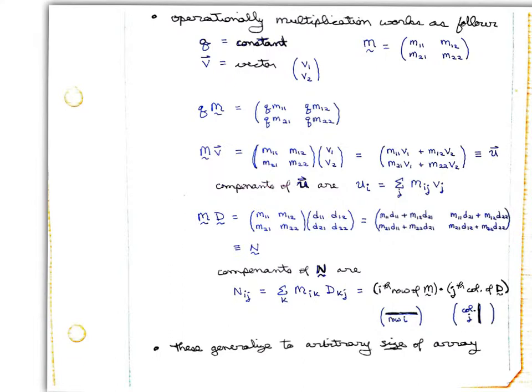This kind of multiplication generalizes to an arbitrary size of square matrix, vector, constant, what have you. I've shown this for 2 by 2 just to make it fit on the page. Let's go on and look at some intrinsic properties of matrices on the next slide.